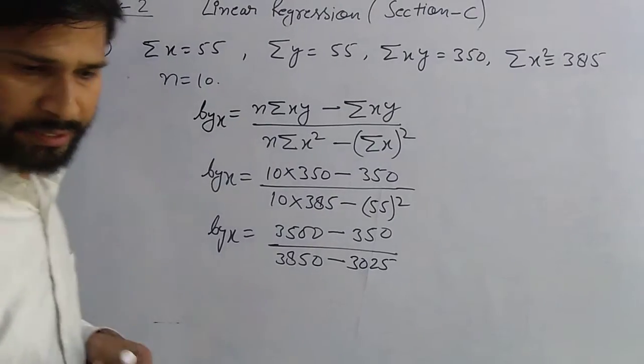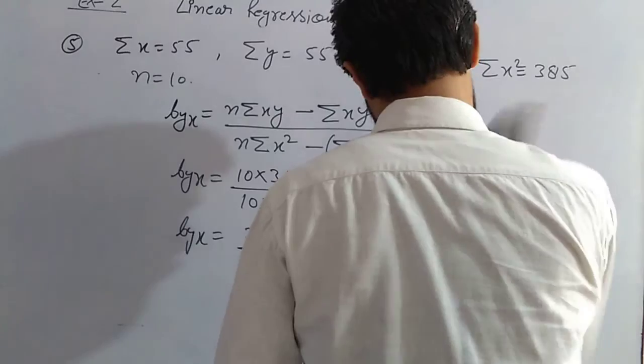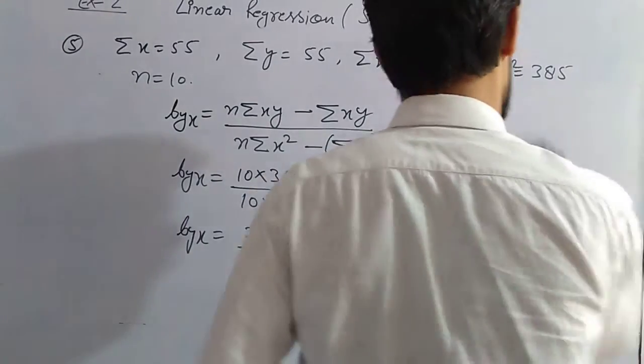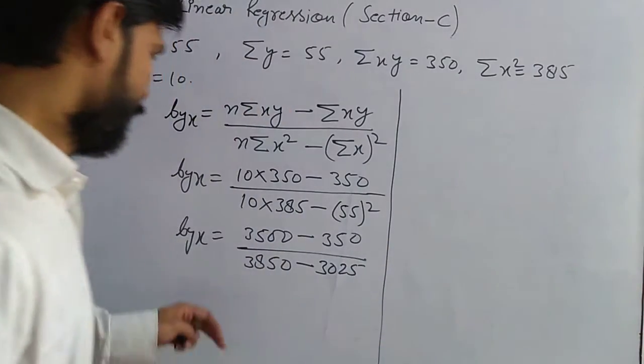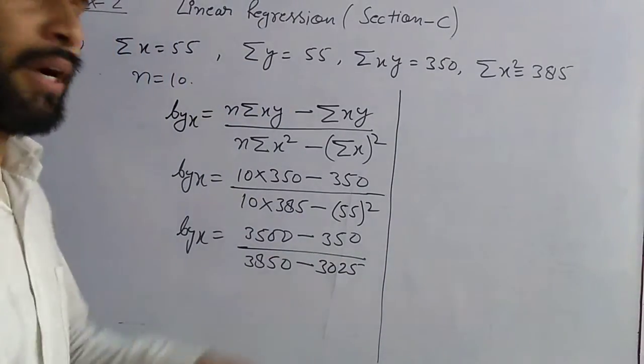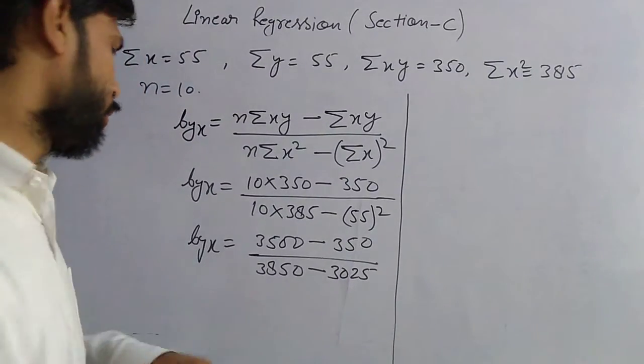After solving, we get 3,500 minus 350 upon 3850 minus 3025.